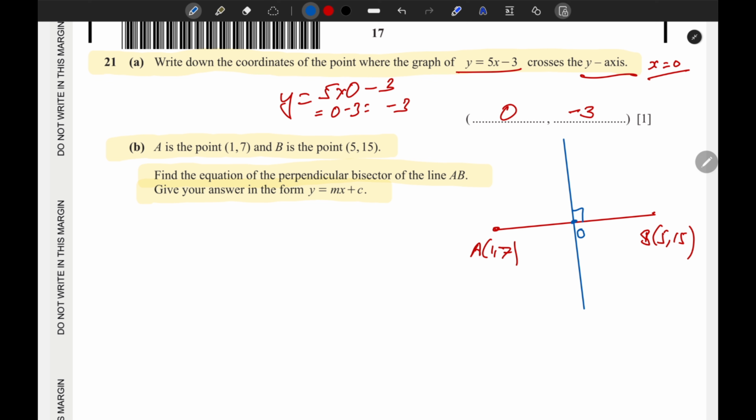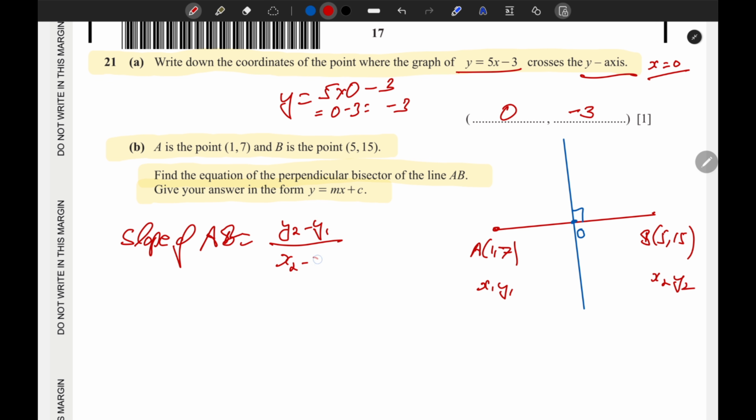Okay, first of all, let's find the slope of AB. Consider this as x1 y1 and this as x2 y2. So the slope of AB will be y2 minus y1 upon x2 minus x1.